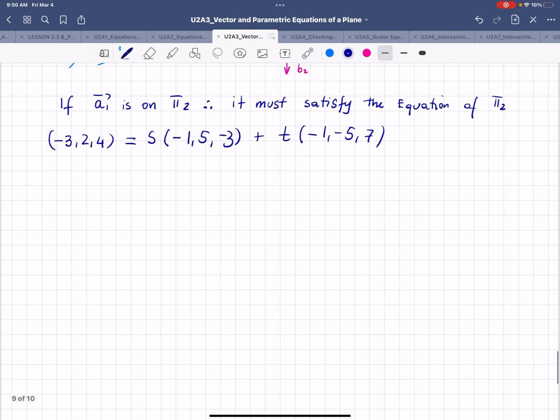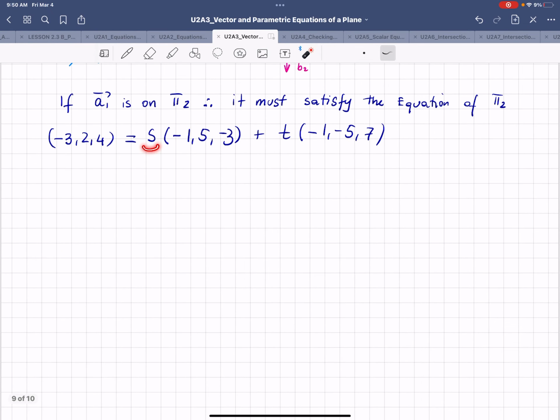If we're able to find a possible value of S and a possible value of T that can satisfy or help this point fit in the equation, then we would say that both equations represent the same plane.